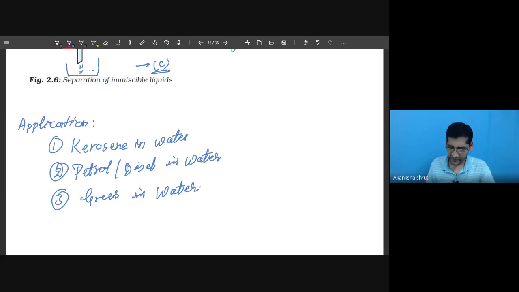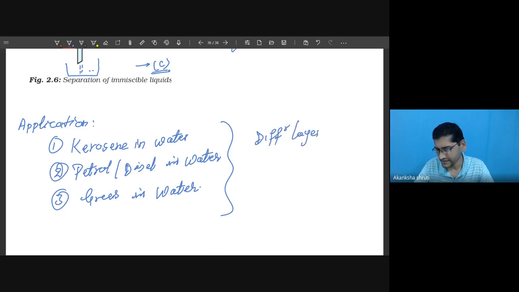Okay, so anything forming different layers, the requirement is only different layers by different components. This is the requirement.